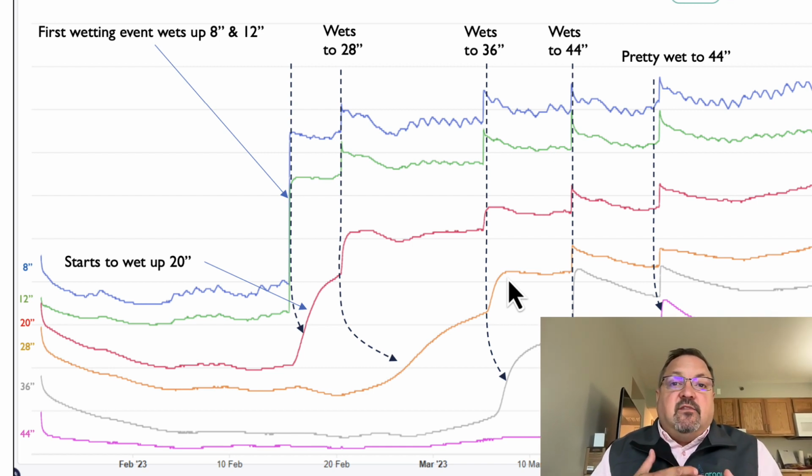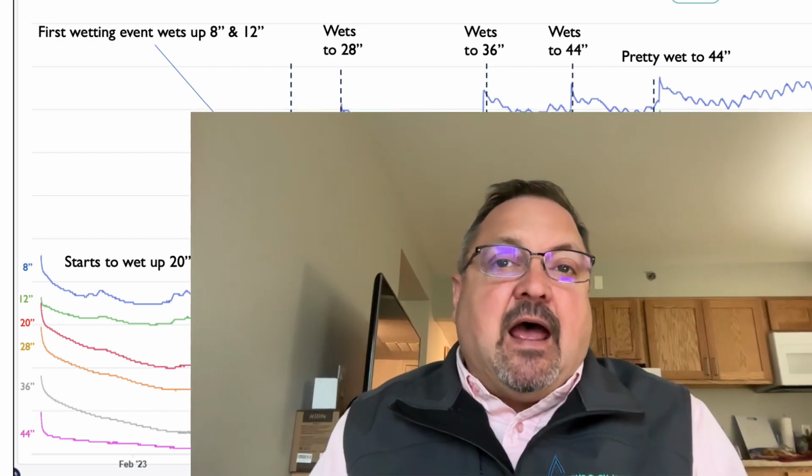My friends, this information is absolutely critical if you're going to develop a good, solid root system that's full of nutrition, that's going to have all the oxygen, all of the moisture, all of the elements of a healthy cropping system. You want to be able to see this happen.